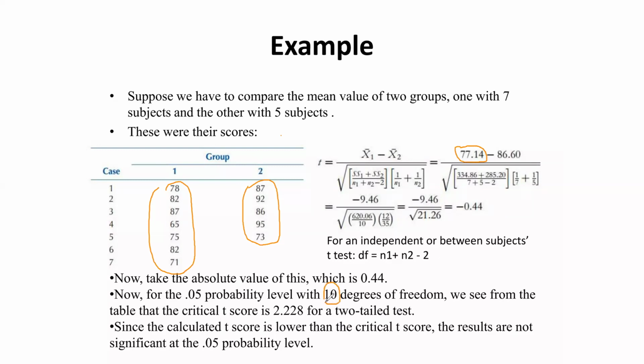So if we are using a 95% confidence interval, it means that we are going to use degrees of freedom of 10 under 0.05, and that is how we obtain a value of 2.228. And then let's go to the table and see how this 2.228 is obtained.